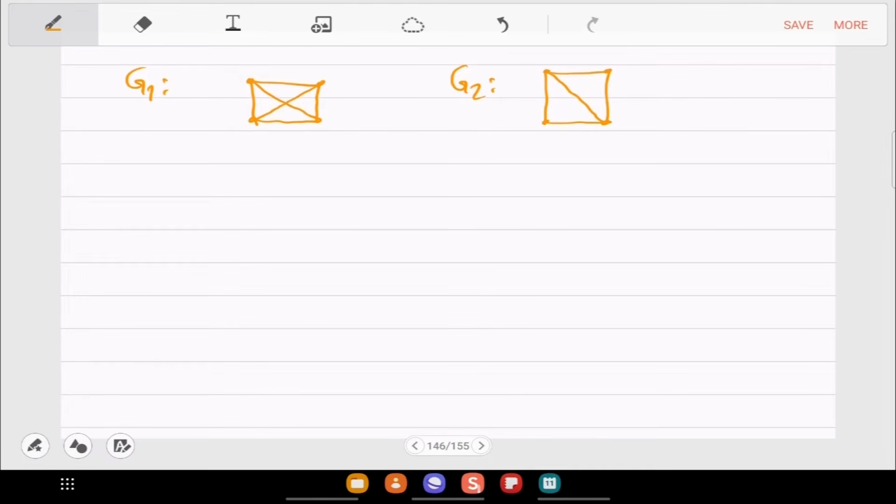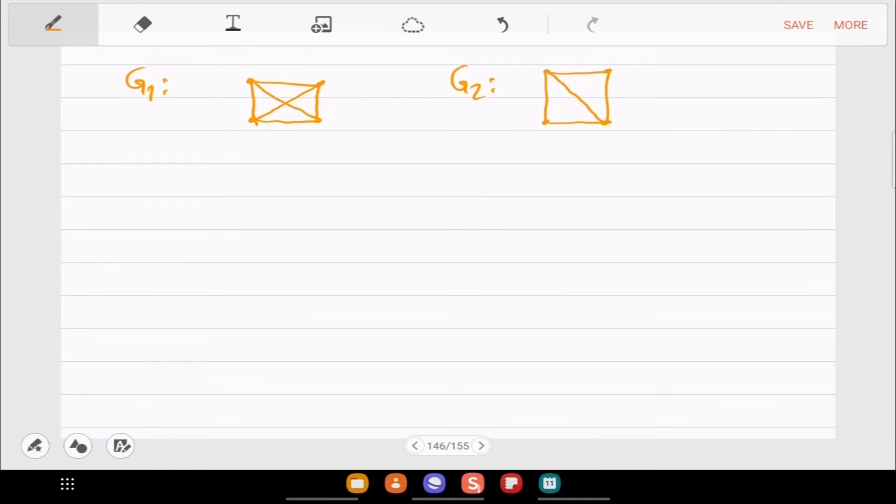This one? This is also bi-connected. It looks like bi-connected. Any vertex you remove, you are left with a line, not an isolated vertex.